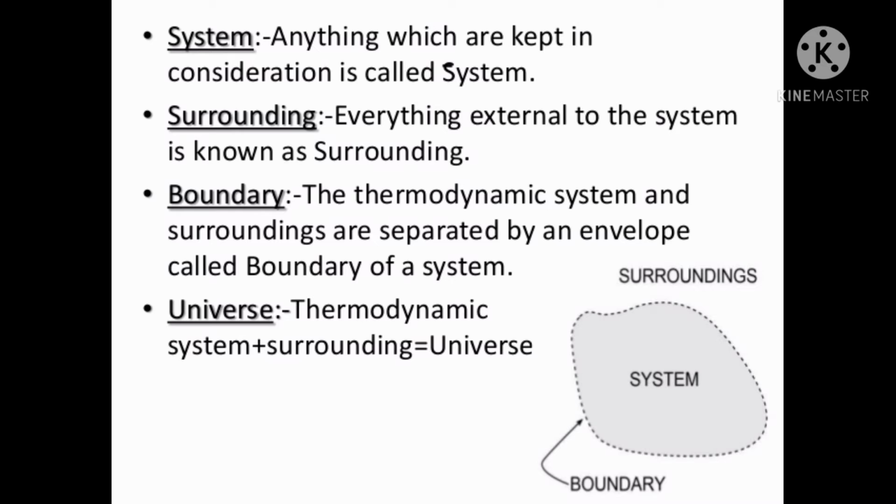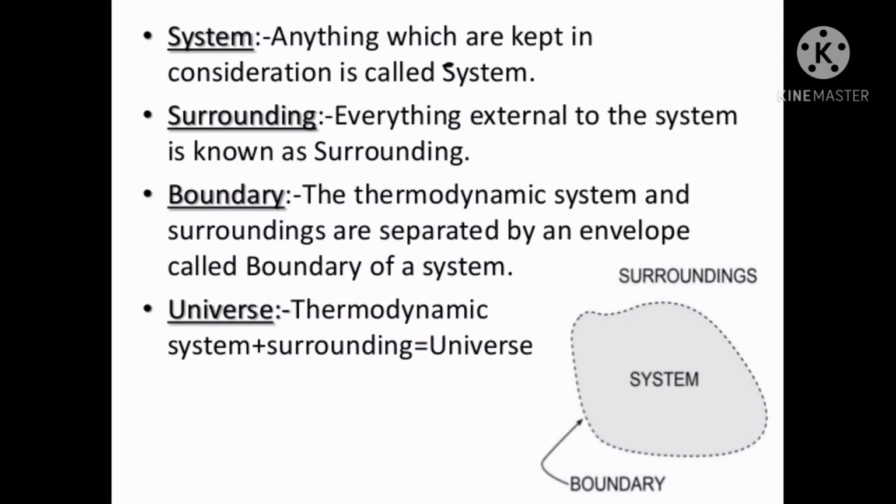Next is the surroundings. Everything external to the system is known as surroundings. Third, the thermodynamic system and surroundings are separated by an envelope called the boundary of a system. Then the universe: thermodynamic system plus surroundings equals the universe.